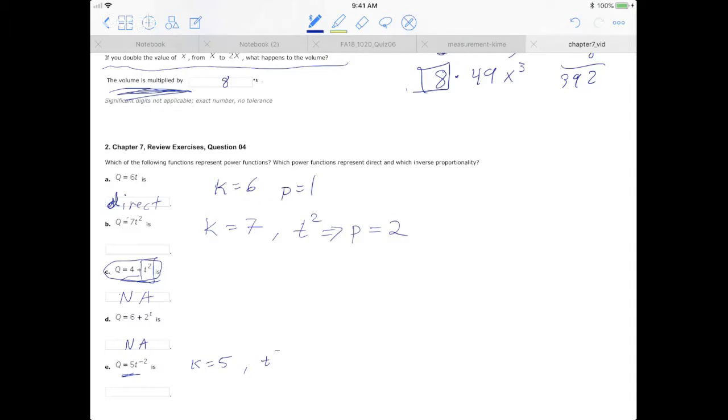And the t to the minus 2, that means that p is negative 2. And so that negative right there makes this an inverse proportional. So that's how that one goes.